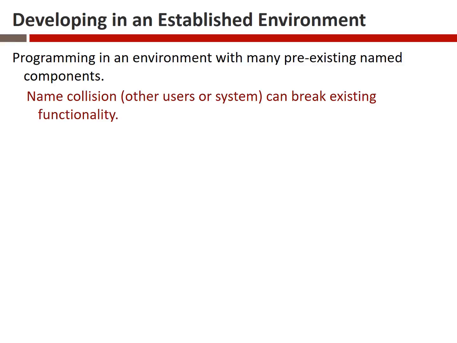So if you were to try to create a program called Hello World, and you wrote your program and saved it, and then one of your classmates came along and wrote a Hello World program, their program would overwrite yours. Because, of course, we have to have uniqueness of names. So we have to be very, very careful to protect ourselves from problems that might come from inadvertent name collision.